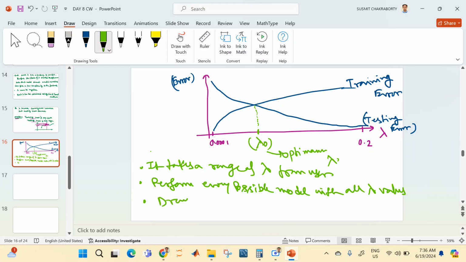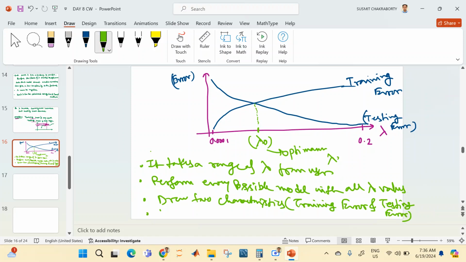Draw two characteristics, training error and testing error. Then find the intersection point.